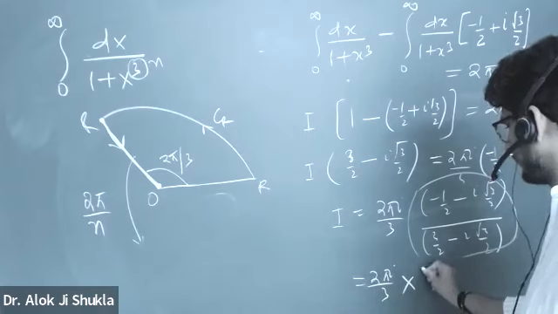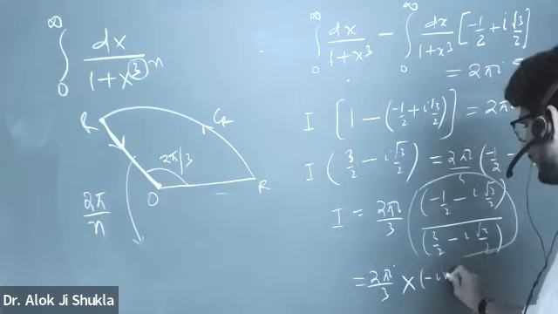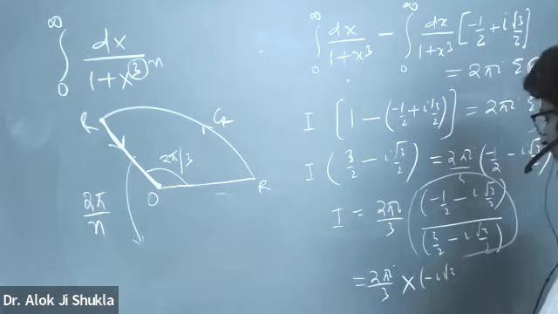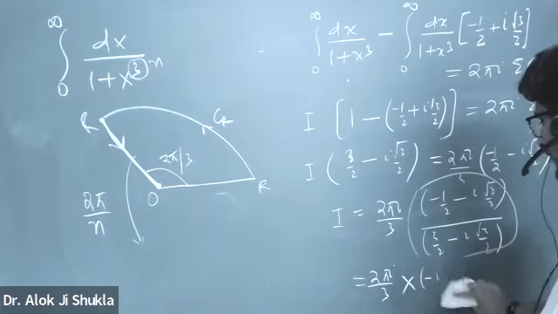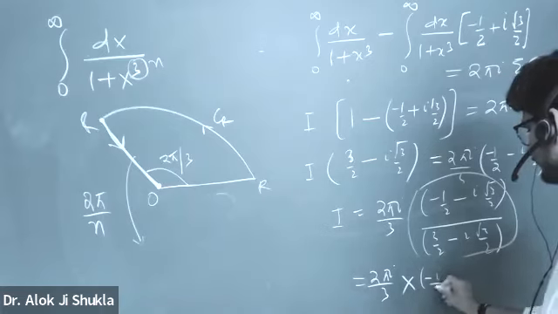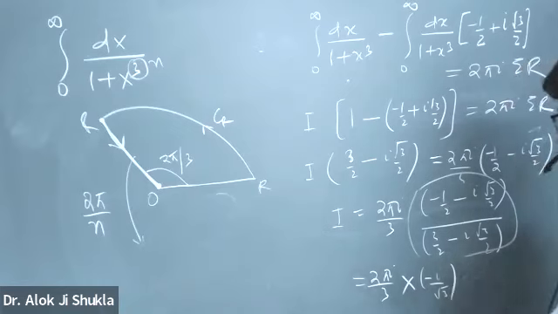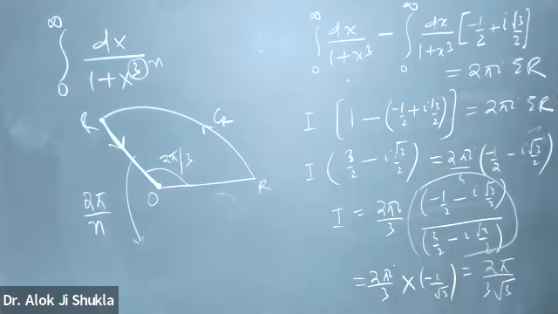So it is minus i root 3, right? Minus i by root 3. This you will get, so it will become 2 pi by 3 root 3, like this. Okay?